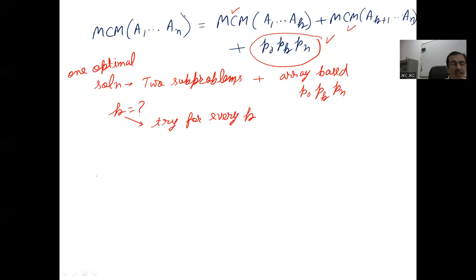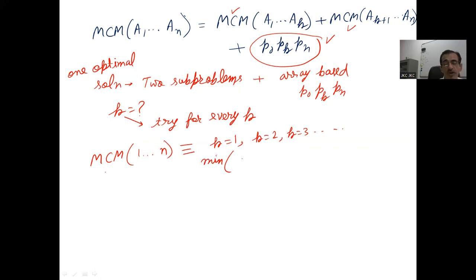If you have matrix multiplication to be done for 1 to n, I can try k equal to 1, k equal to 2, k equal to 3, and up to the last possible, and say, okay, let's have multiplication done in a way that I find the minimum out of many possibilities.